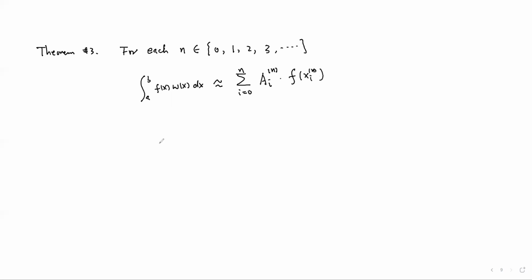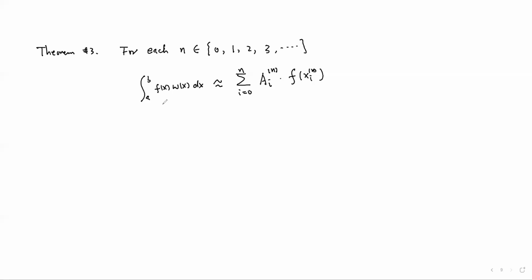For each n, say in the previous example n is 2, we got a Gaussian quadrature. n is 3, we got another Gaussian quadrature, from the orthogonal polynomial of degree 4. n is 4, then from the orthogonal polynomial of degree 5, we get another Gaussian quadrature.